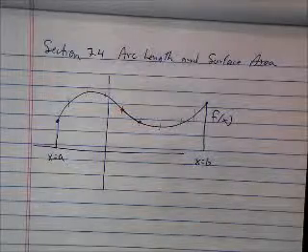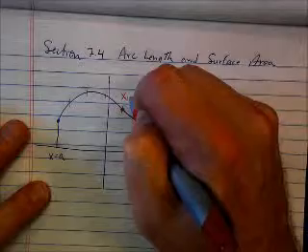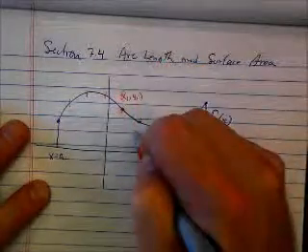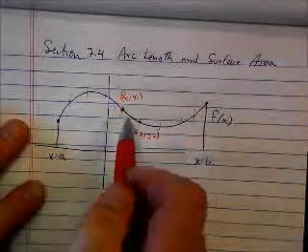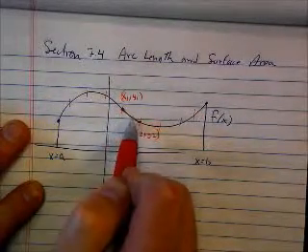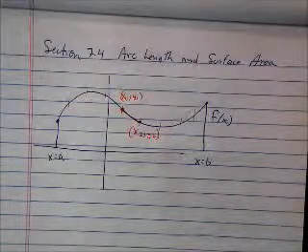All right. So, if I call this point right here x1, y1, and I'm going to call this point over here x2, y2. How do I find the length of that nice straight line? You use the distance formula. That's correct.